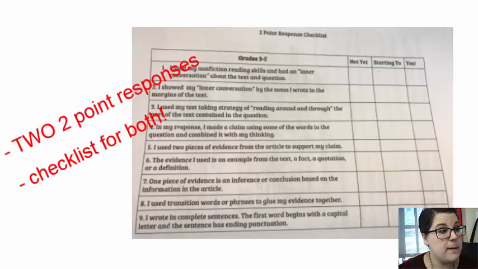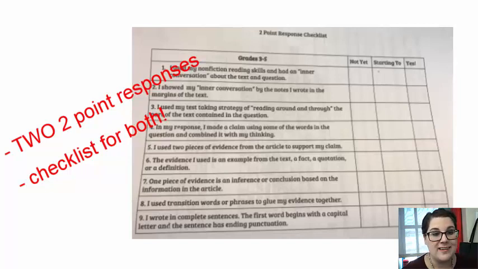So writers, remember that writers use a checklist, and you can use a checklist to monitor your own writing when responding to 2-point responses. So today you have your new text, your new packet. You need to do 2-point responses for session 1 based on your passage.